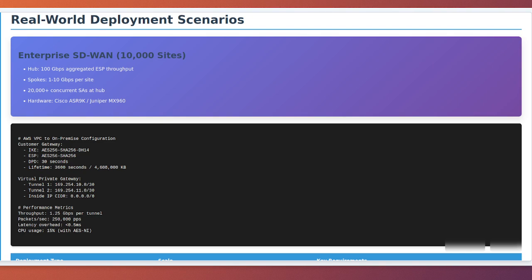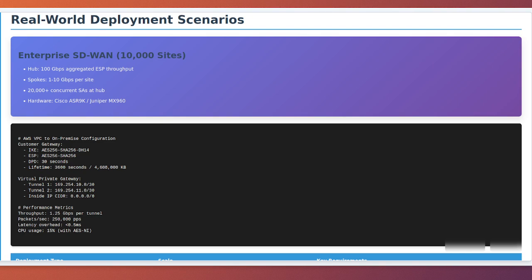The scale here is staggering. Millions of SAs, petabits of encrypted traffic daily. The implementation uses custom silicon with hardware acceleration capable of 100 gigabits per second encryption per chip. Counter management at this scale requires careful design to prevent any possibility of reuse across the millions of active tunnels.